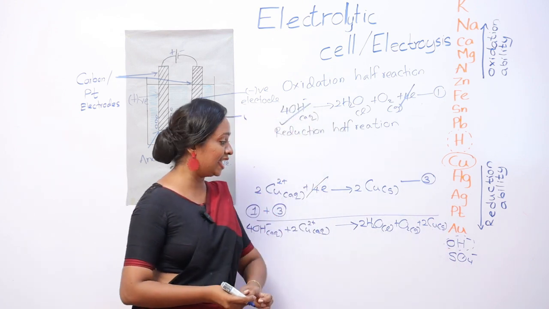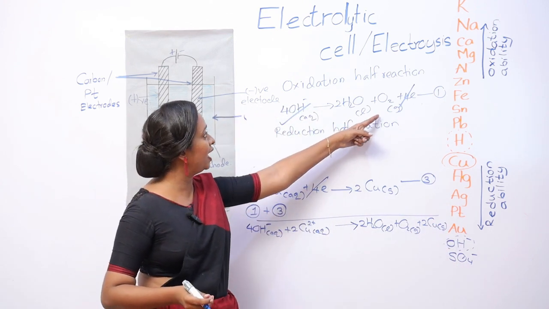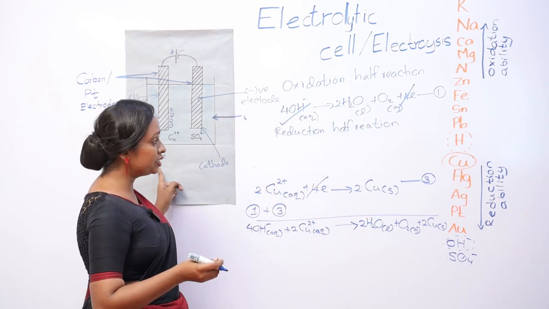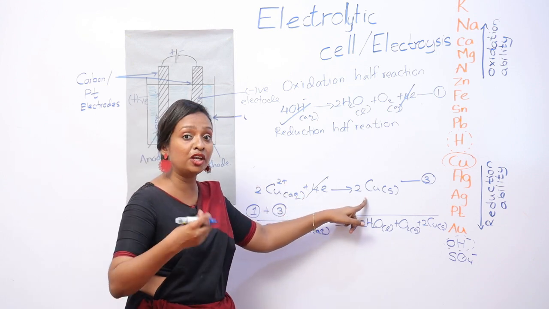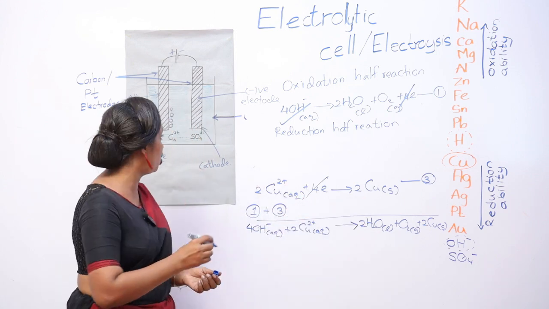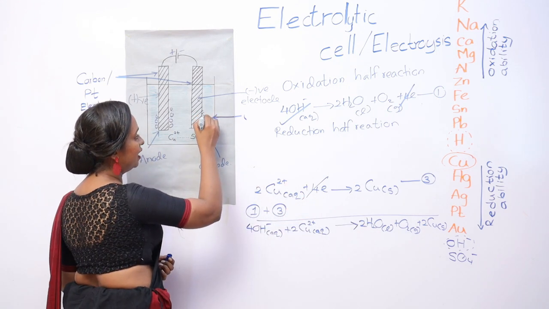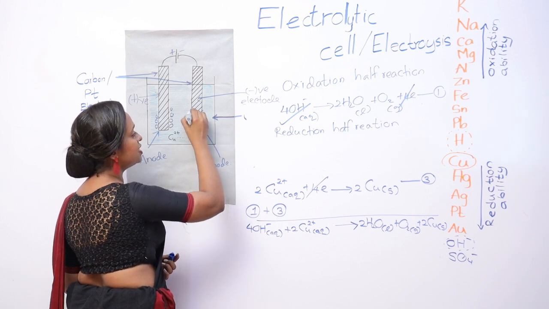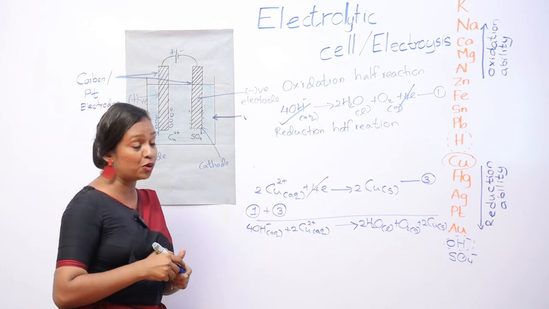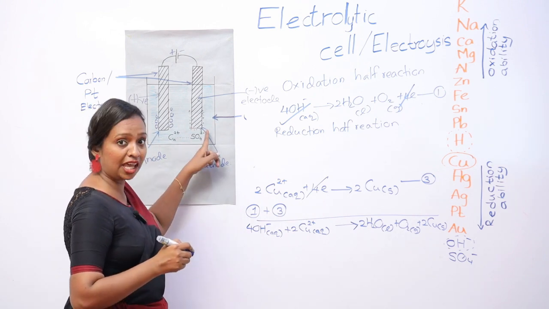Now you can see air bubbles evolve at anode and the copper. How can you write the observation, deposition of copper? Now copper gains the electrons and deposits here. You will see red brown colored deposition at the cathode.